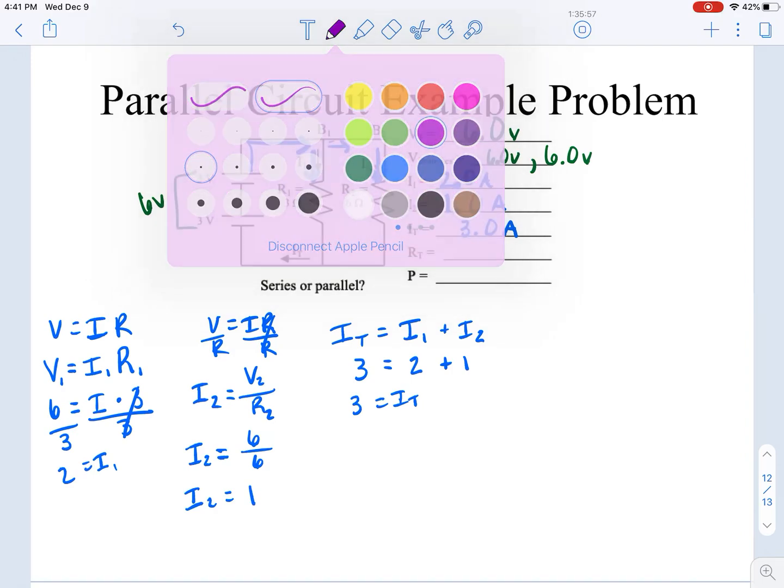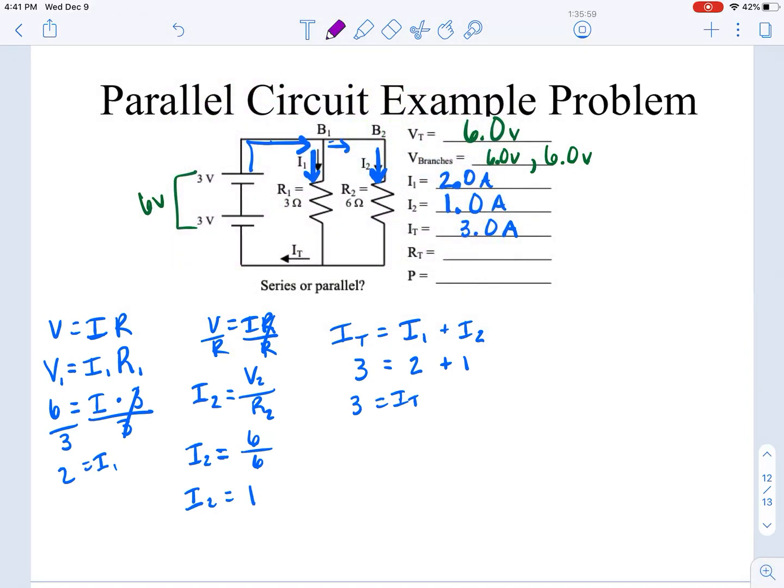So my total resistance is equal to the inverse sum. So we're going to say 1 over RT is equal to 1 over 3 plus 1 over 6.